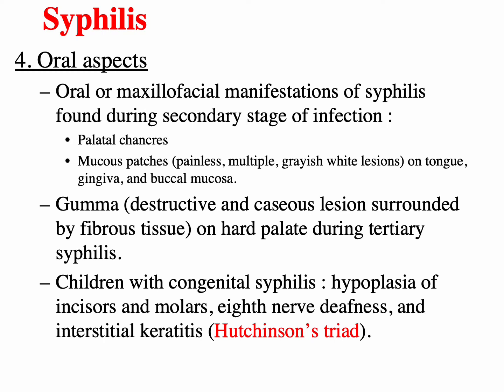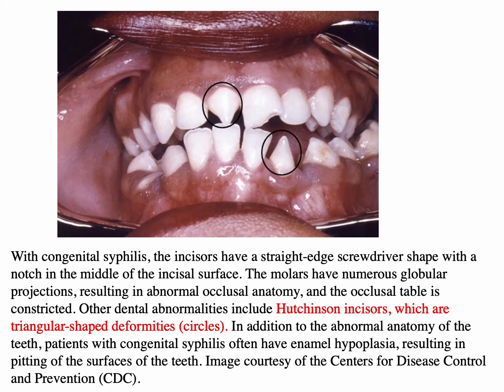That's a famous term that refers to hypoplasia of the incisors and molars, eighth nerve deafness, and also interstitial keratitis, which is a fancy name for eye infection. So there are three symptoms associated with congenital syphilis.